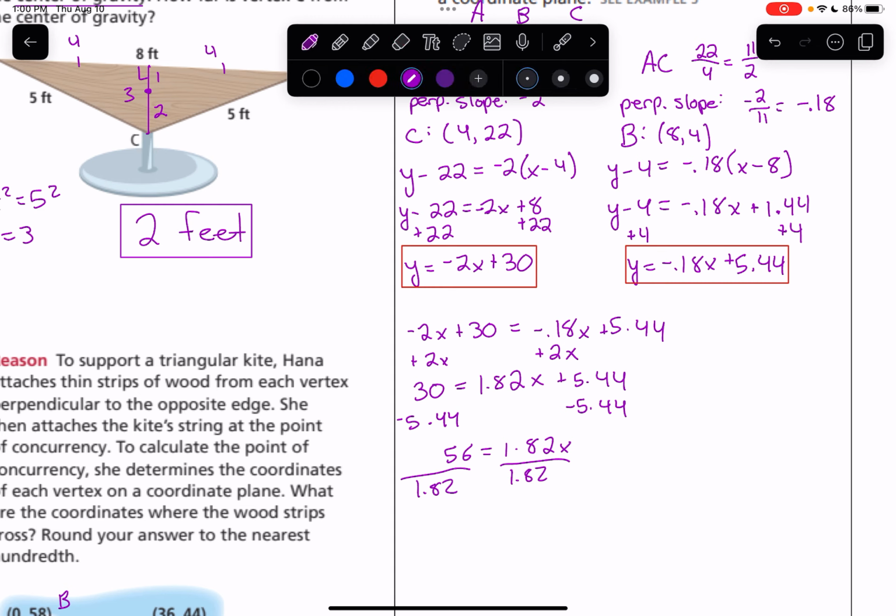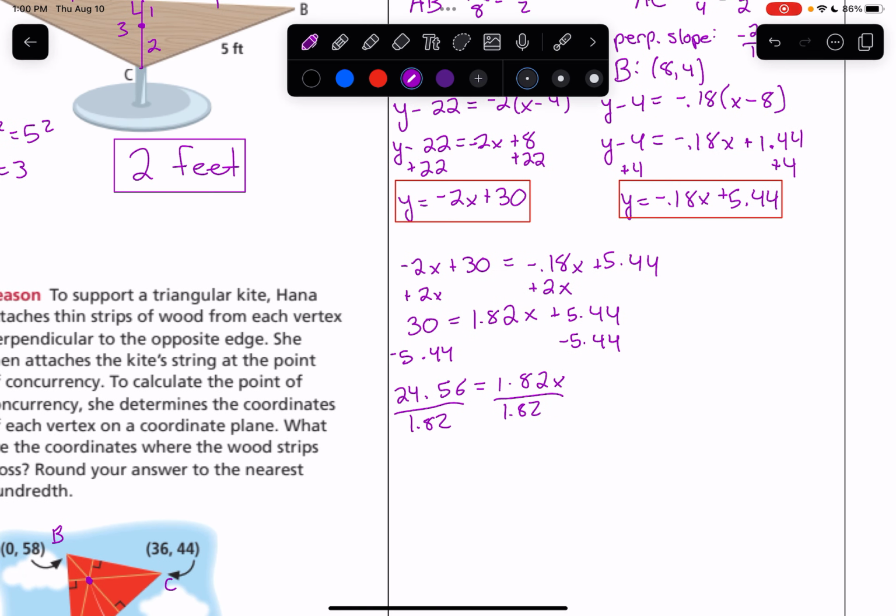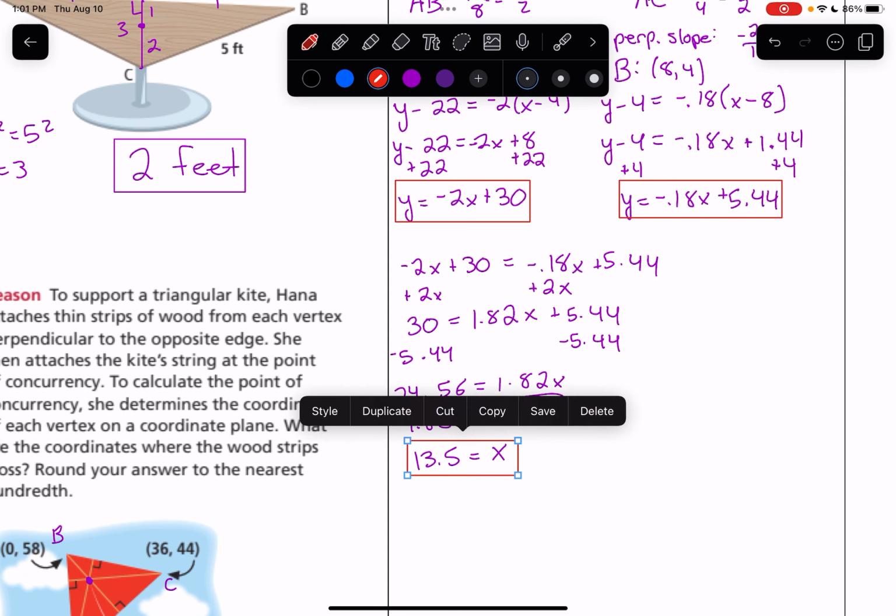I hope you don't think that I never make mistakes, because I make a lot of mistakes and I just try and hide them from you. 24.56 divided by 1.82 is going to give us 13.5. So 13.5 is our x coordinate. Let me get that one in a box. And then we can find our y coordinate by plugging our x coordinate into one of our equations.